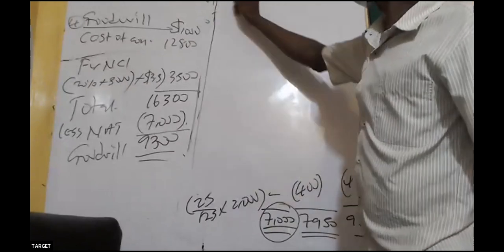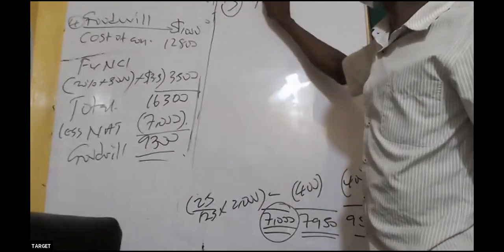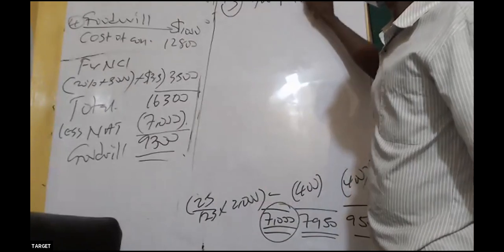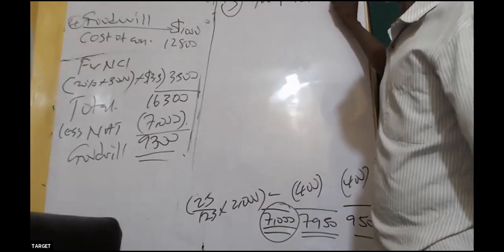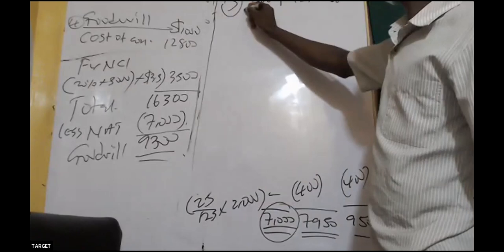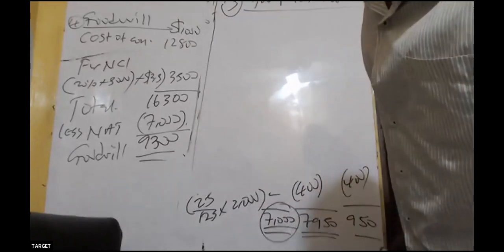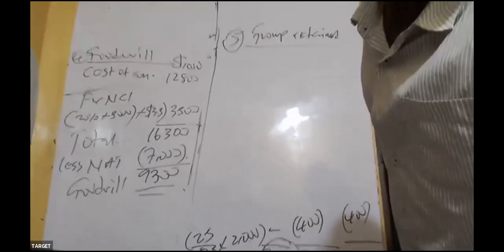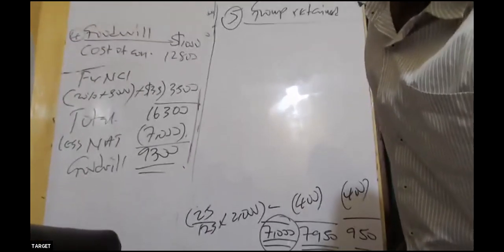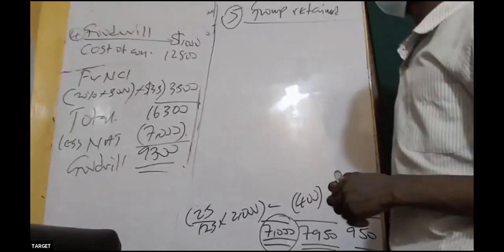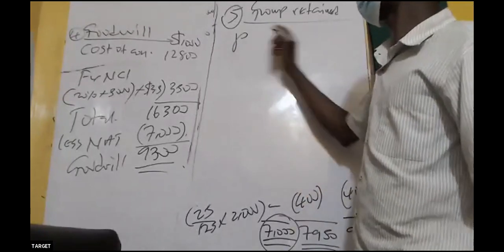So workings number 5, group retained earnings. All you have to do is start from the parent.